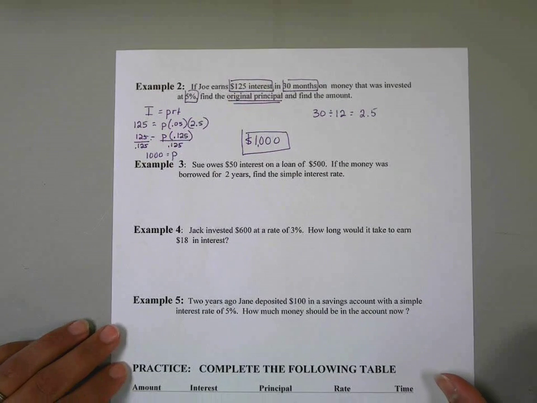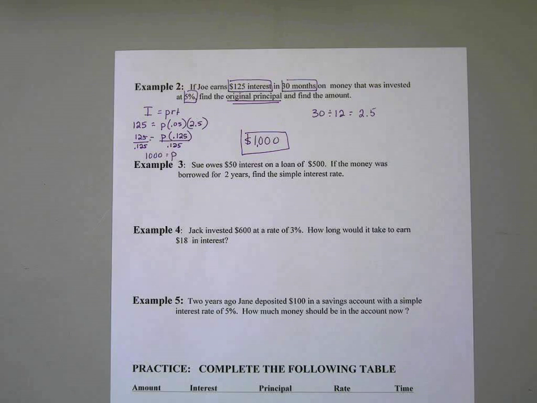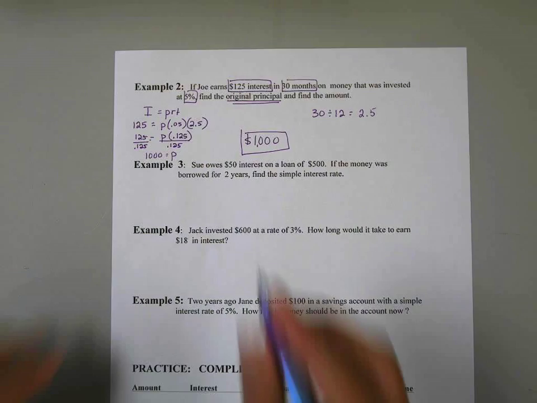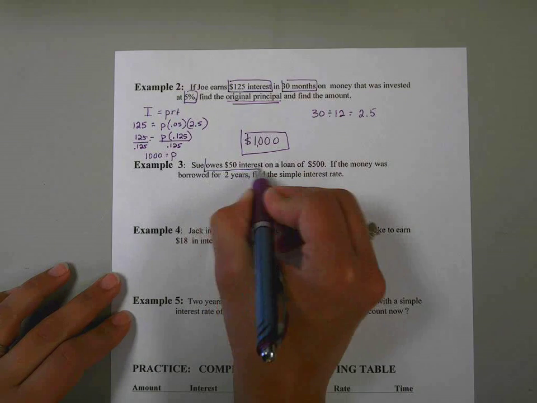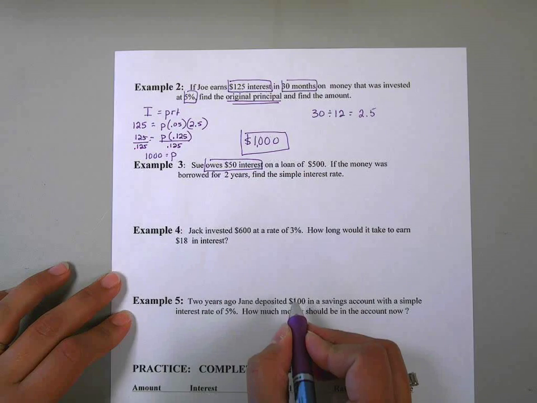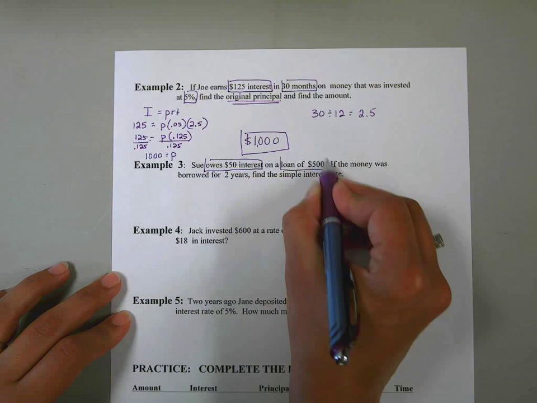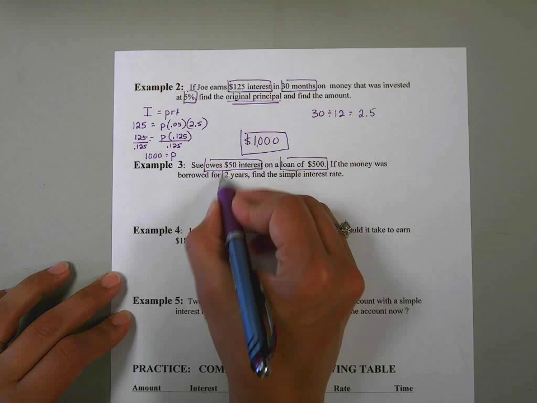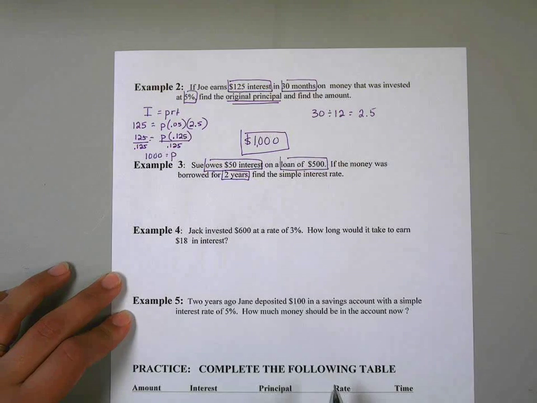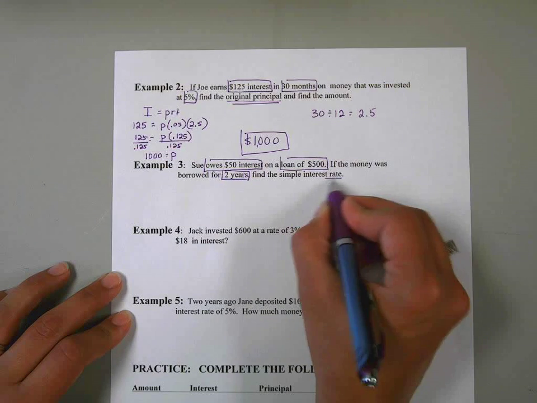Okay, number 3, Sue owes $50 interest on a loan of $500. If the money was borrowed for 2 years, find the simple interest rate. So she owes $50 in interest. She took a loan for $500, and it was a 2-year loan, and we want the rate.